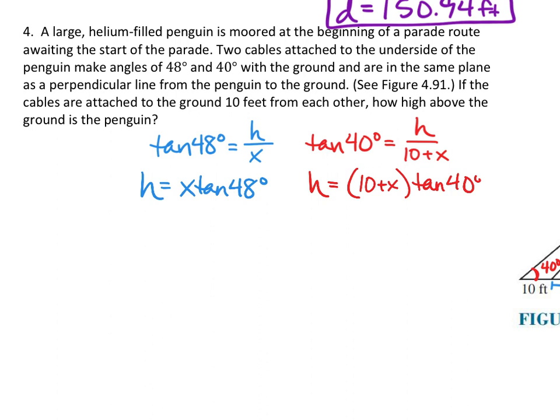And if they're equal to the same thing, they must be equal to each other. So we change this formula and we now say, well, x times the tangent of 48 degrees must be equal to the red equation. Because they're equal to the same letter, so they must be equal to themselves.